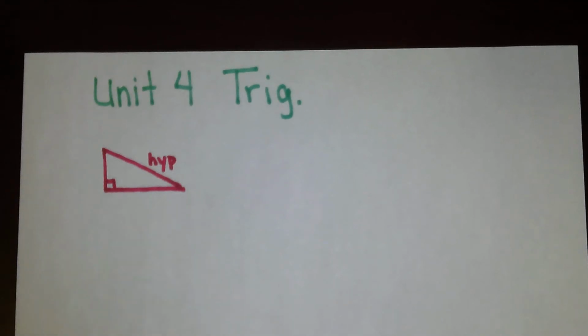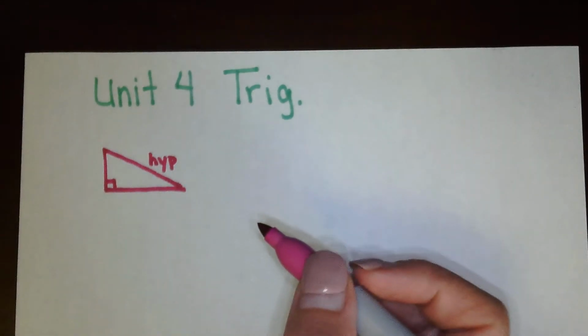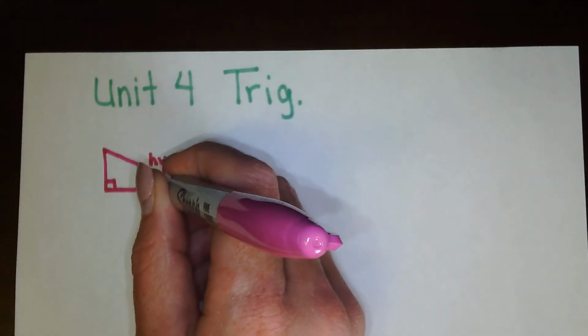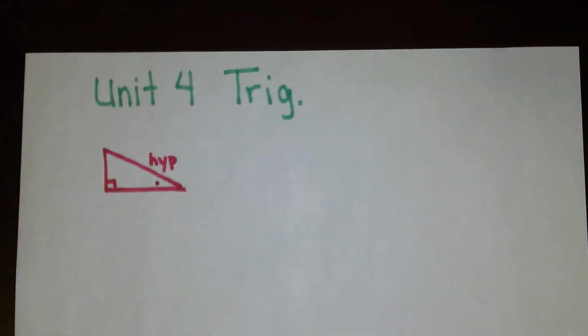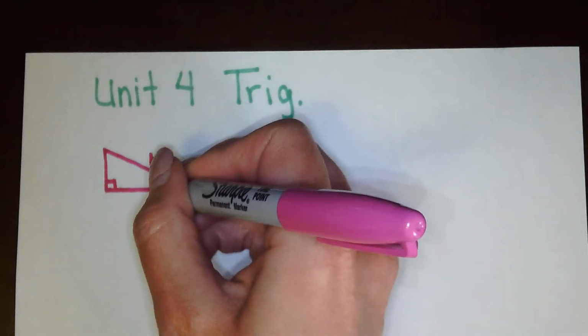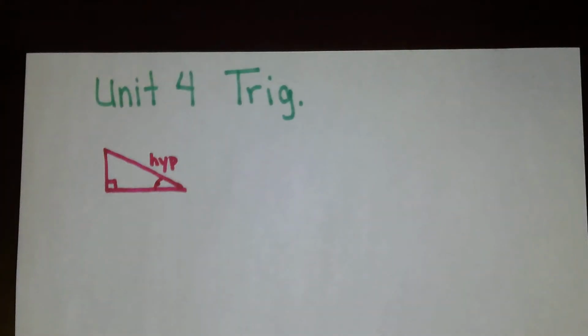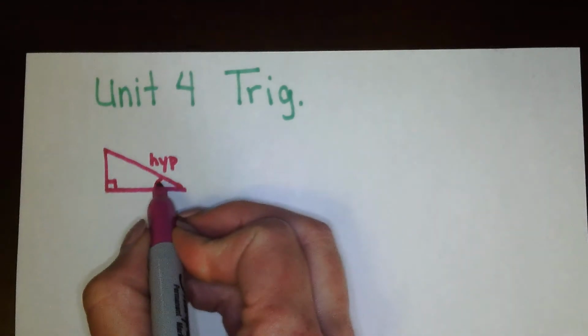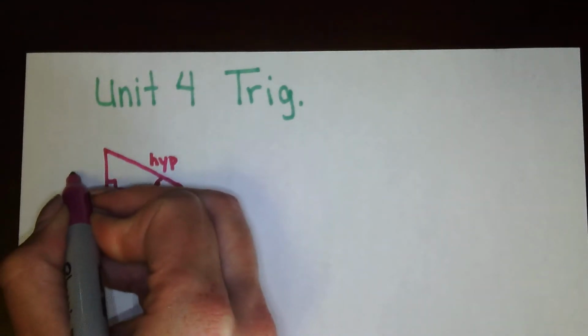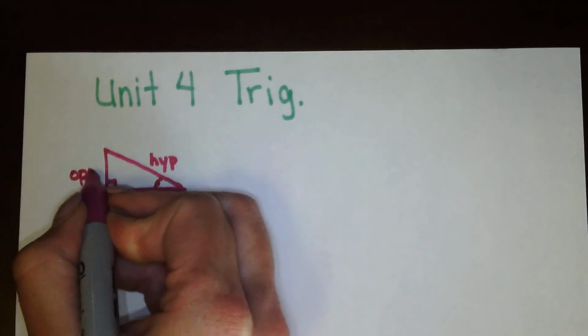And then we either call these two legs, but for trig, we have to call them either opposite or adjacent. So if I was focused on that angle, and we'll just do a little angle sector there, if I'm talking about that angle, then the side across from it would be known as my opposite.